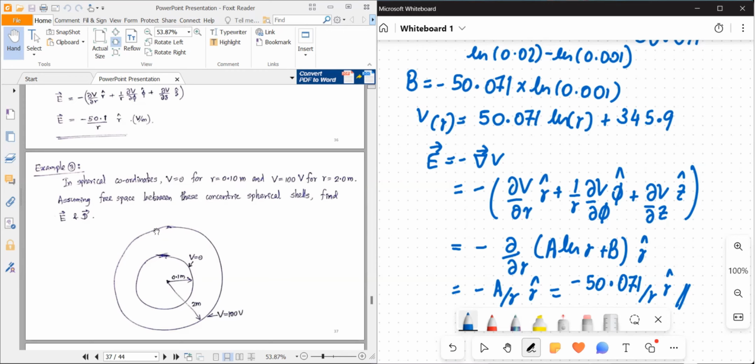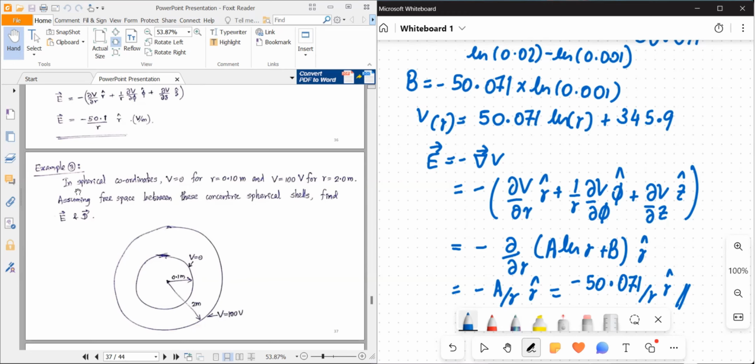And for another sphere, where the radius is 2 meters, the potential on the surface of that sphere is 100 volts. Assume free space between the two concentric spherical shells. Find the electric field and the electric displacement field.